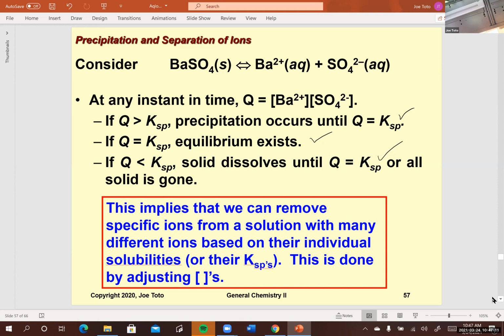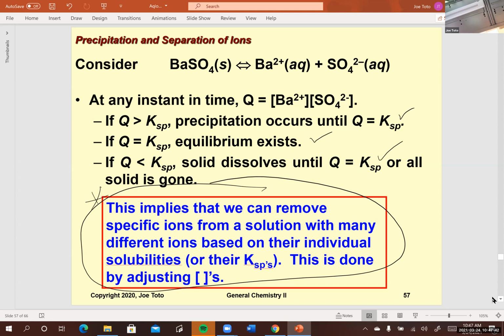This whole idea implies something, though: with the knowledge of different solubility product constants and their values, we could envision selectively removing ions from a mixture of ions based on their solubility product constant values.